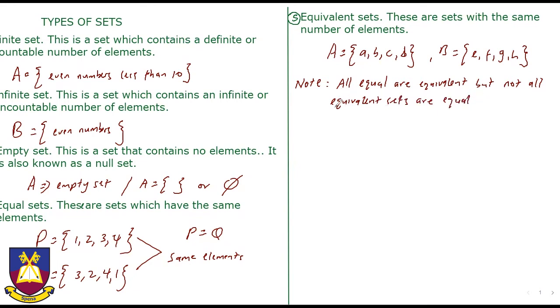So two sets could be equivalent when they're equal, but it doesn't mean all equivalent sets are equal. So that's something important to note.